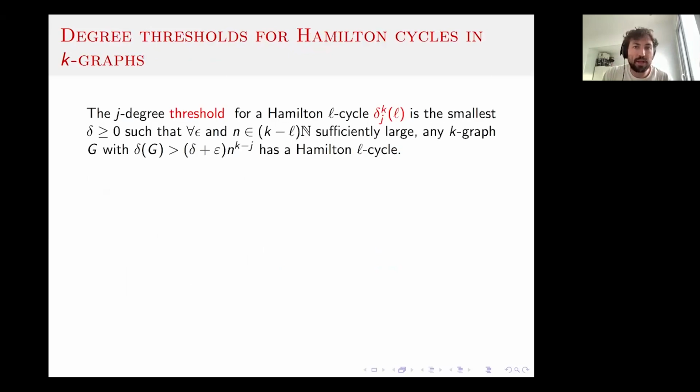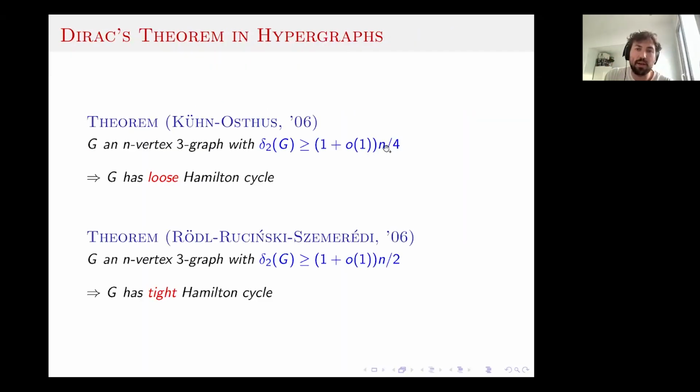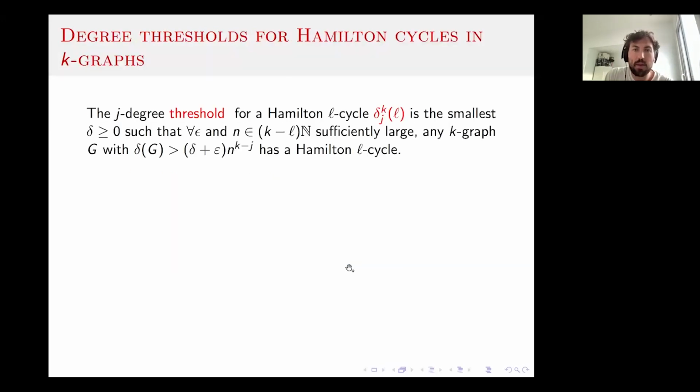What about in general? You can define this parameter. There are a lot of words here, but it's just the constant that you're interested in. In the previous cases, it would be 1/4 for loose Hamilton cycles in 3-graphs, and 1/2 for tight Hamilton cycles.